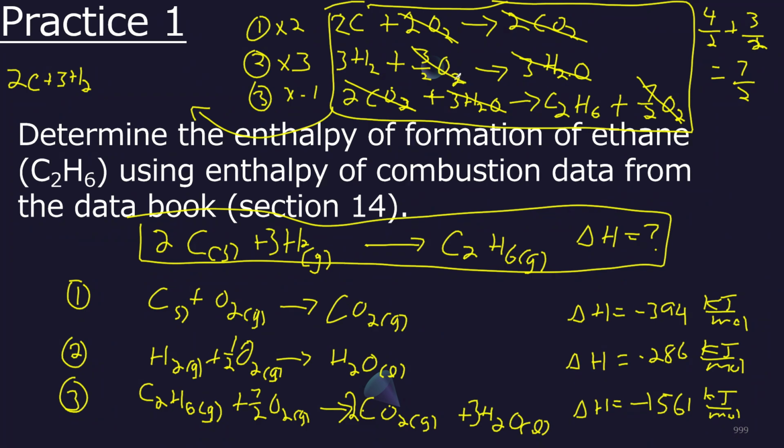So the only product we actually have is the C2H6. And that is the target equation. Formation of ethane. So that means these multipliers I chose were correct.